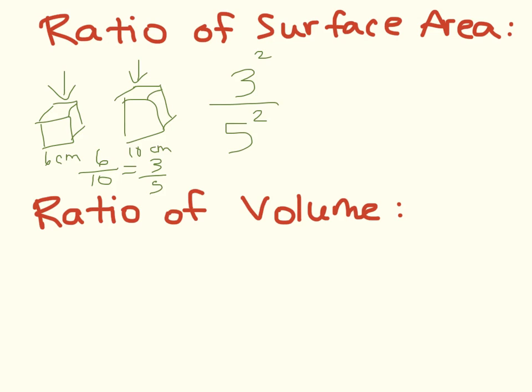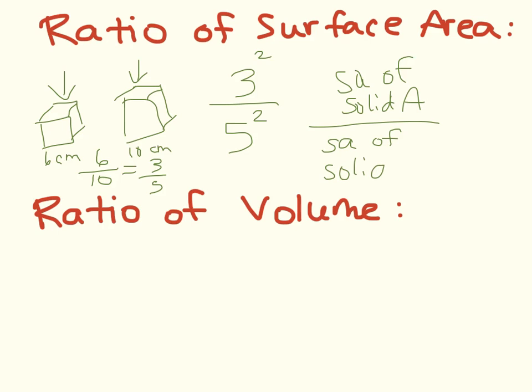So a lot of times we say that the surface area, SA, of solid A over the surface area of solid B is going to equal a squared over b squared. That ratio of their scale factor is going to be squared.